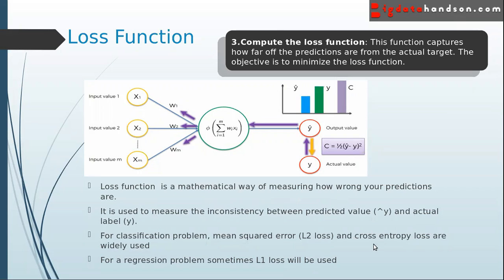That's why we are using cross entropy, because our output is a classification type of problem. For a regression problem, sometimes L1 loss will be used.